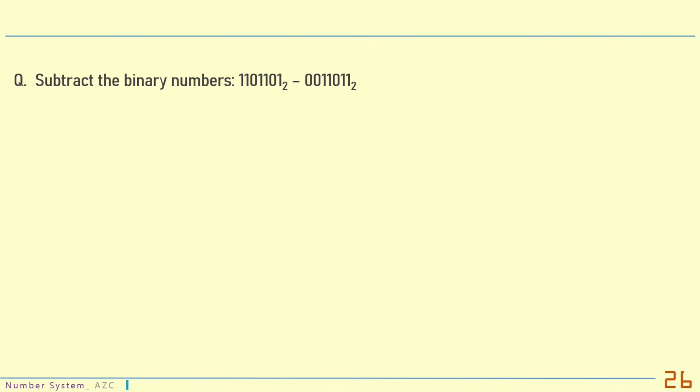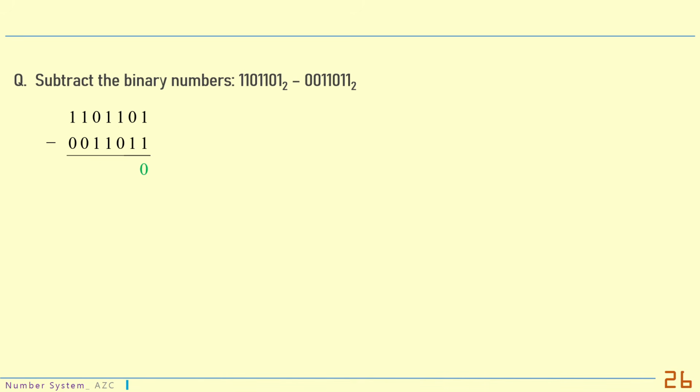Subtract the binary numbers 1 1 0 1 1 0 1 minus 0 0 1 1 0. 1 minus 1 is 0. Next is 0 minus 1.